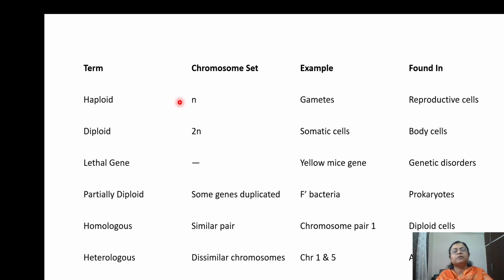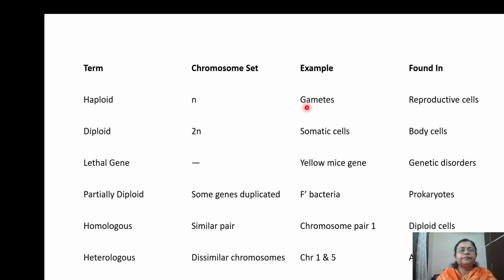Now, let us see some distinguishing or similar or differentiation points. Here chromosome sets are mentioned. Here examples are given, and what you like in that is the third column. So haploid cell chromosome set is there.